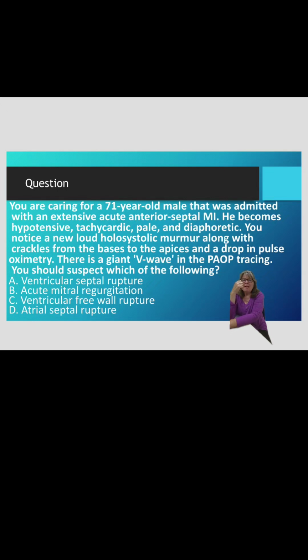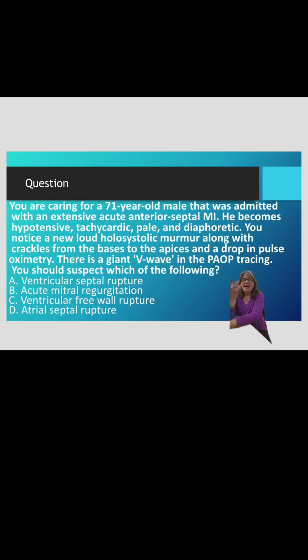And since we're talking about a wedge, the V wave represents the time in which the left atrium is filling, the pressure in the left atrium during filling. And so during left atrial filling, of course, that mitral valve should be closed, yes? So what would cause us to have a giant V wave is when there's mitral regurg, acute mitral regurg.